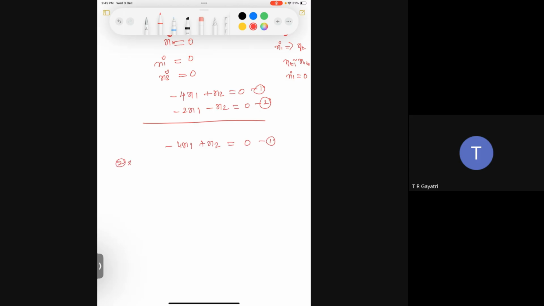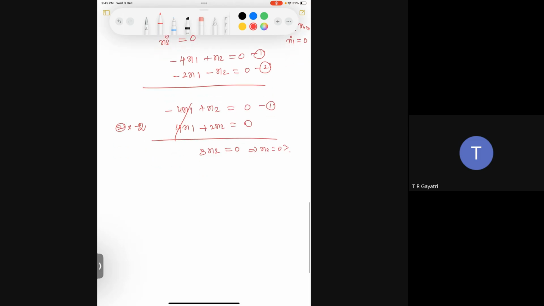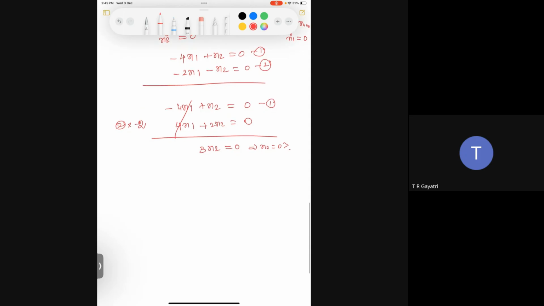The second equation multiplied by minus 2 gives 4x1 plus 2x2 equal to 0. So 3x2 equal to 0, and x2 will be 0. Substituting this again will give you 0.